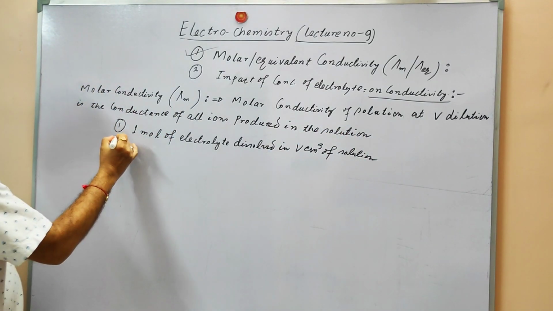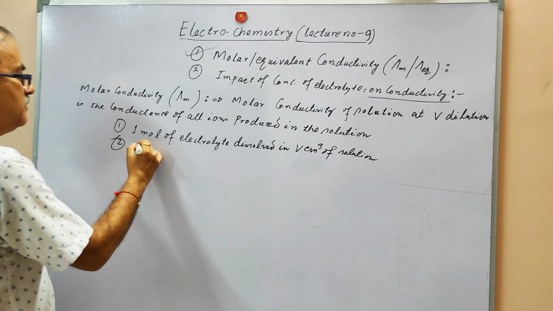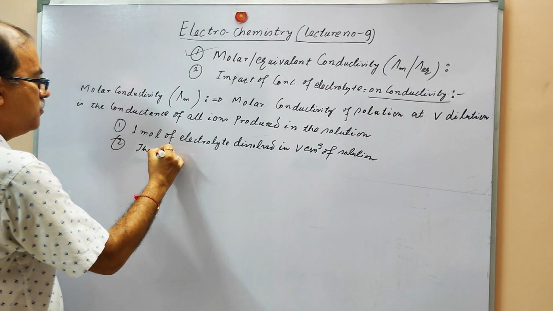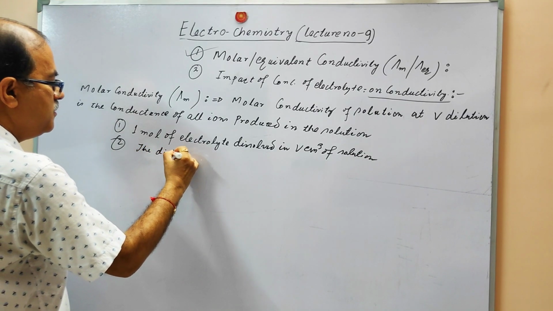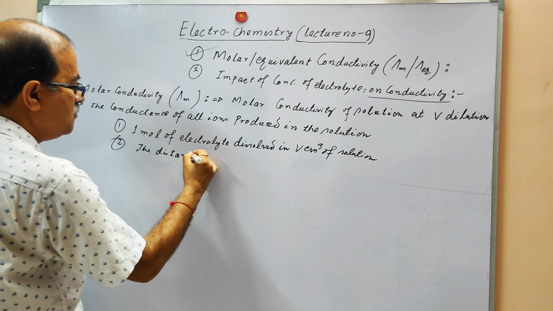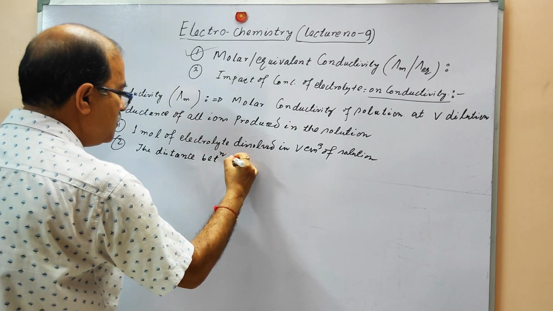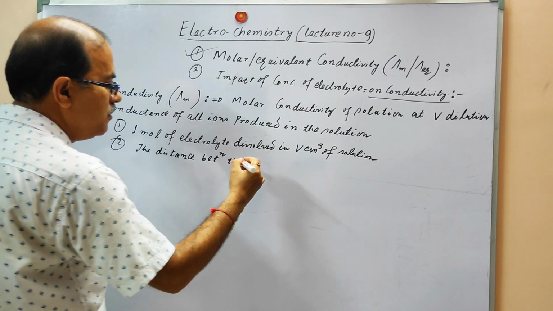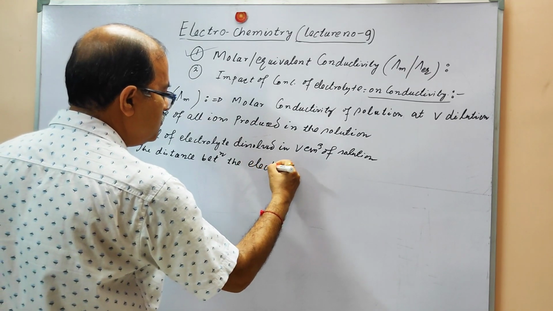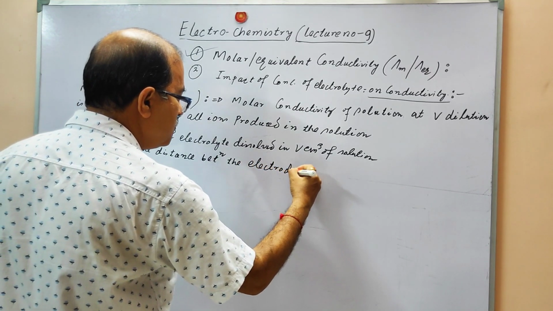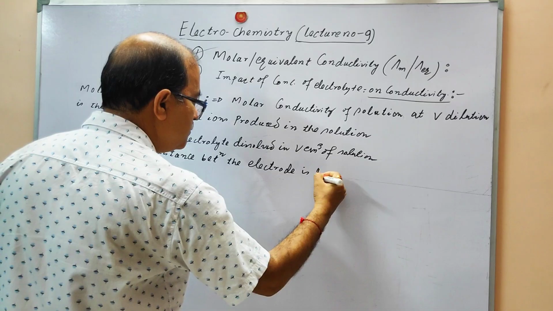Number two, the distance between the electrodes is 1 centimeter.